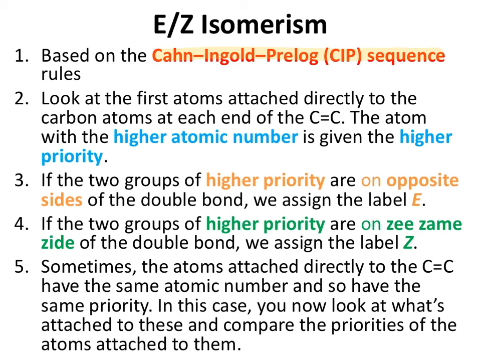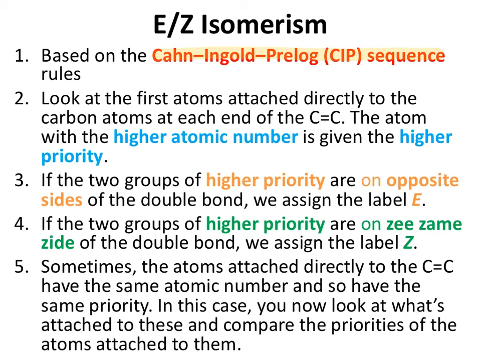So I'm going to talk through the rules. They won't mean a great deal until we look at an example, but that's what we're going to do first, okay? So remember, we're talking about alkenes anyway when we talk about geometric isomerism.